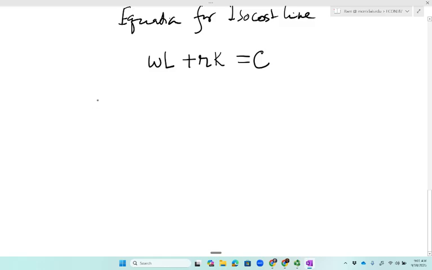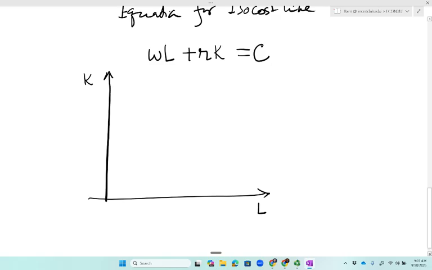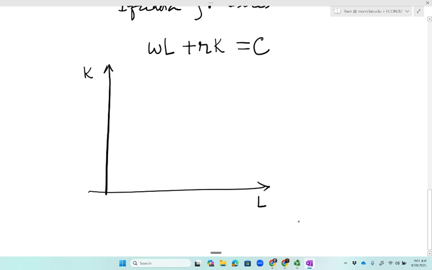I can draw this as a graph. Again, I have L on the horizontal axis, K on the vertical axis. We want to do the same exercise for finding combinations of capital and labor which will be available to the firm, and I will start with the extreme points.